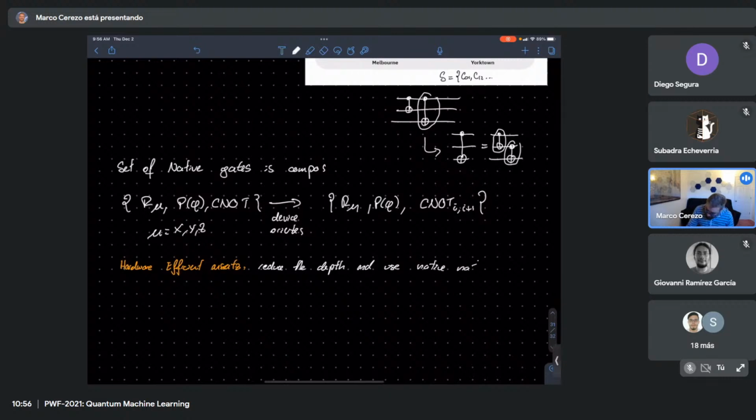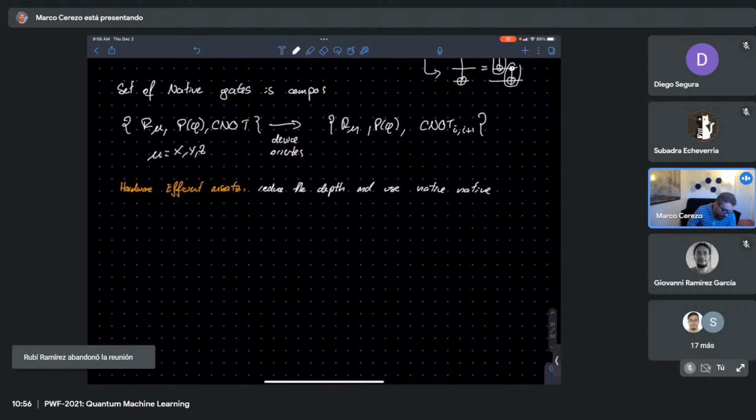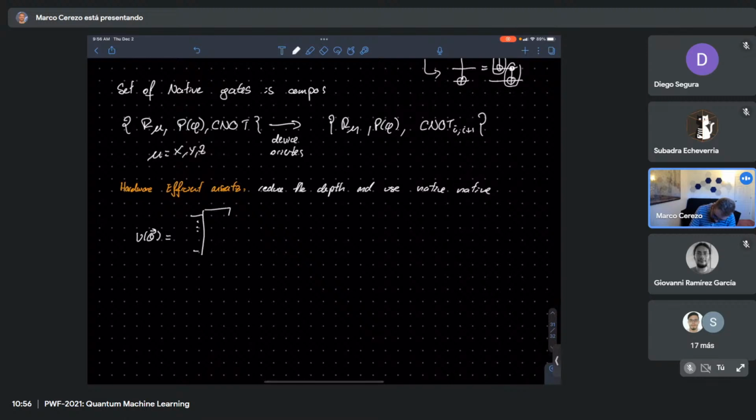We still have to assume some structure to how we're going to order those gates. And the way in which people usually work with the hardware efficient ansatz is that you're going to have a parametrized quantum circuit that is going to be composed of a sequence of rotations.